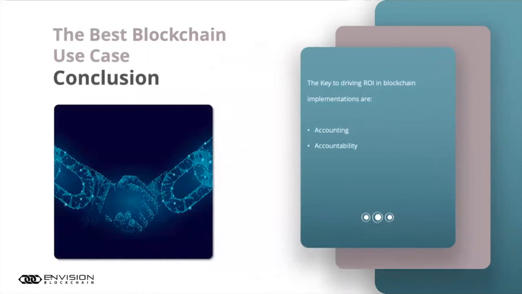And again, just to wrap everything up here, the key to driving ROI in blockchain implementations is to really look for, when you're doing your solution design and your use case assessments and you're coming up with your overall strategies, elements where there's either accounting or accountability.